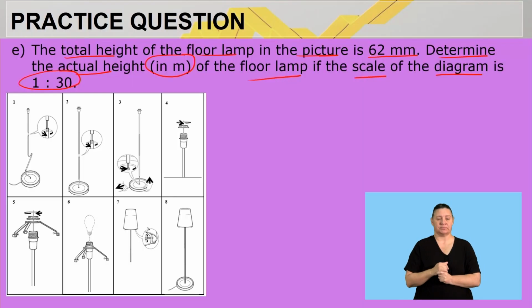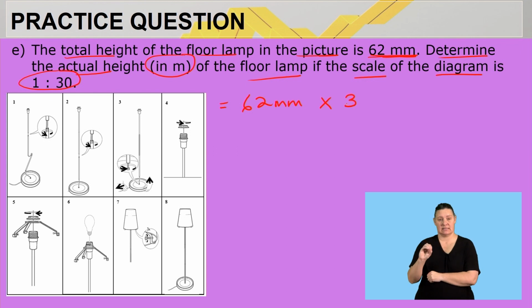We've indicated that the height is 62 millimeters. I'll first start off by indicating the height in the diagram, which is 62 millimeters. I take the 62 millimeters and multiply it with the scale of 30.